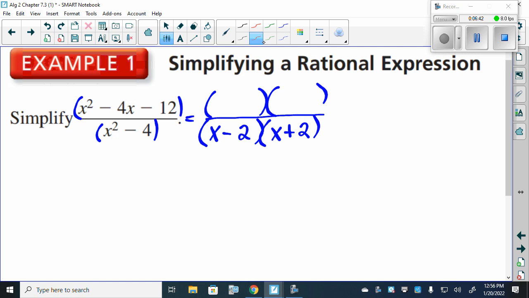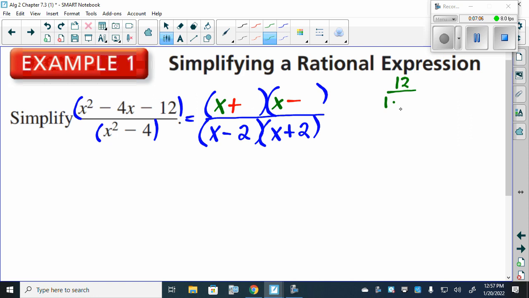Now we do need to factor the numerator, the x squared minus 4x minus 12. Since the 12 is negative, our signs are going to be negative and positive. Now the factors of x squared are x and x. Now we need to find the factors of 12.